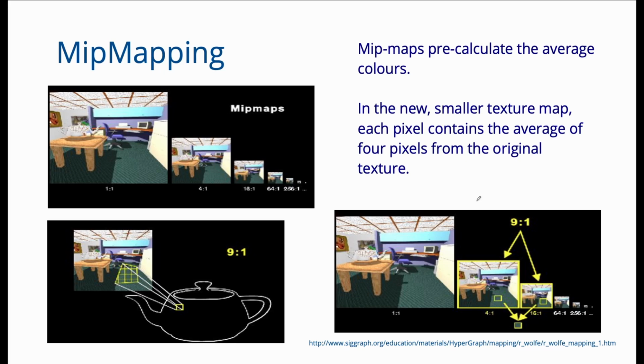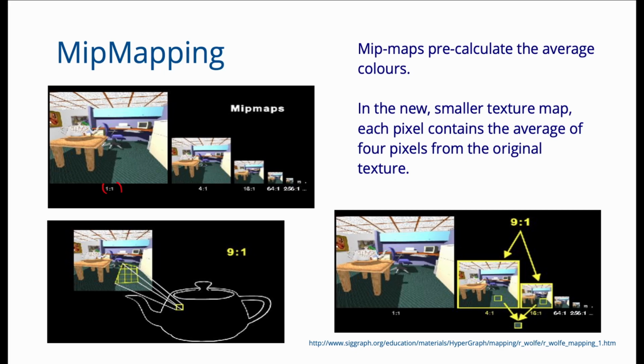There is one way of making this go a bit faster, and that is by using what are known as MIP maps. MIP maps pre-calculate the average colors at some levels of an image pyramid. So imagine that you have a texture and the largest level of the texture is available to you. Imagine that the largest level of the texture is 1024 cross 1024.